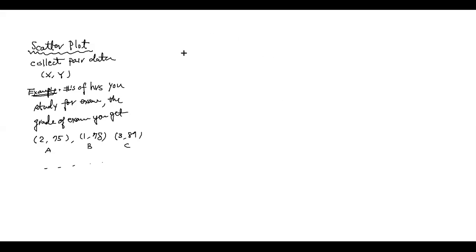Now, when you graph it, this will be your X and this is Y. Here, this is the number of hours you study, and this is the grade of the exam.